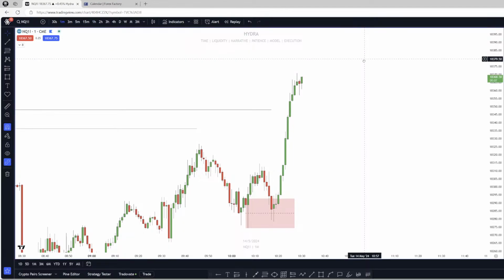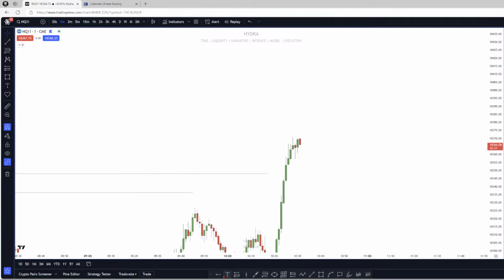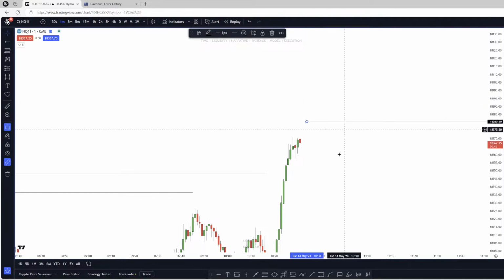We have 18380 level up here, and then 18400 level for resistance. So we have two price levels that I want to keep an eye on. The first one is 18380, and the second one coming at 18400.